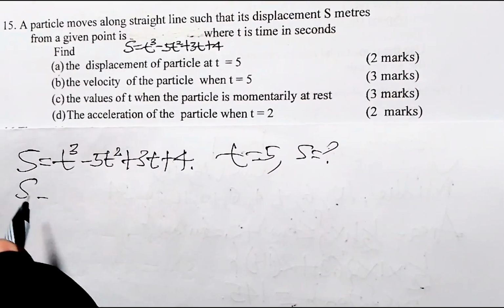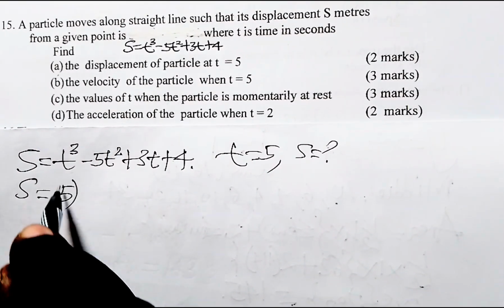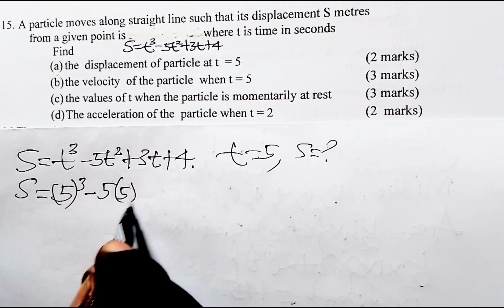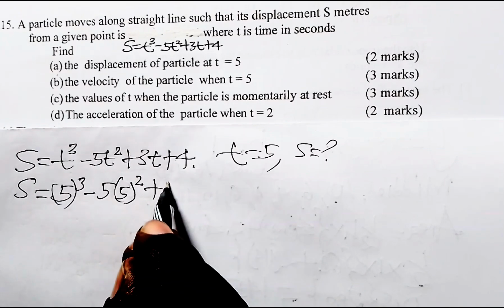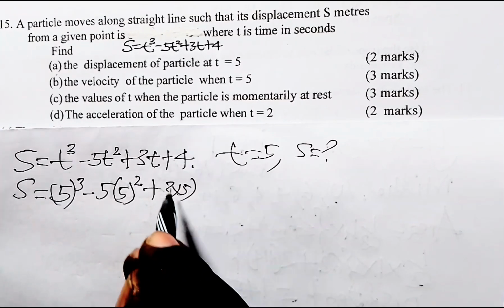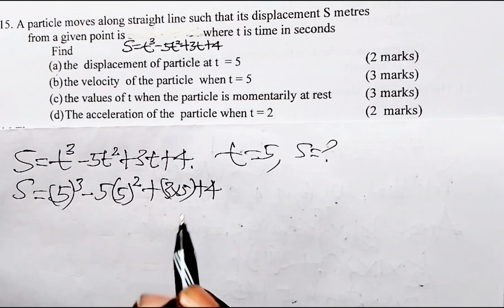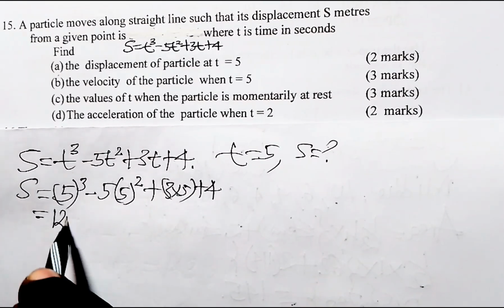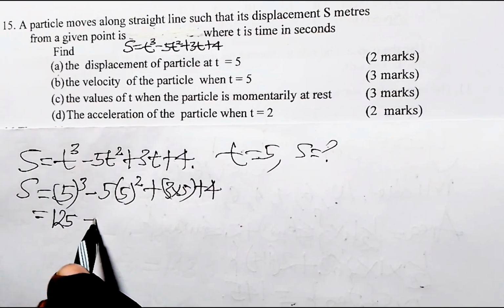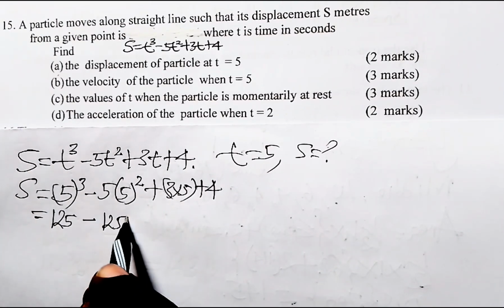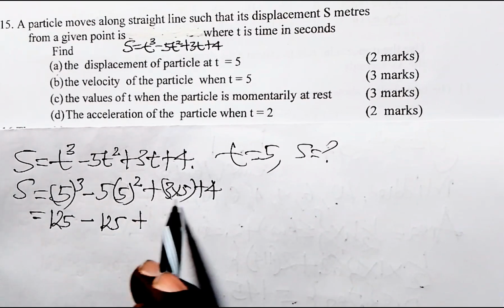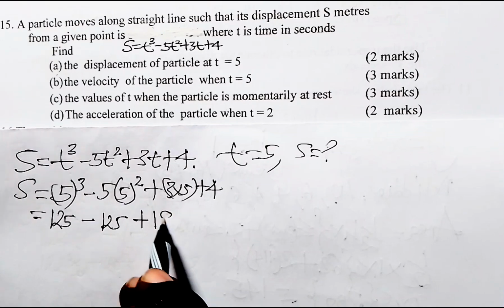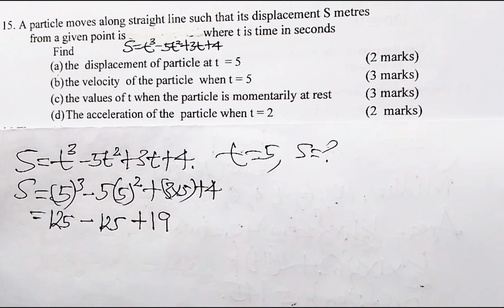So s will be equivalent to 5 cubed minus 5 multiplied by 5 squared plus 3 multiplied by 5 plus 4. When you simplify this, you get 125 minus 125 plus 15 plus 4, which is 19.